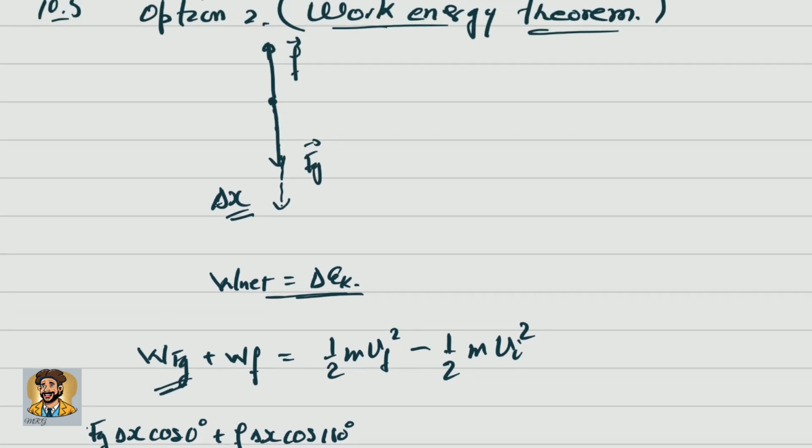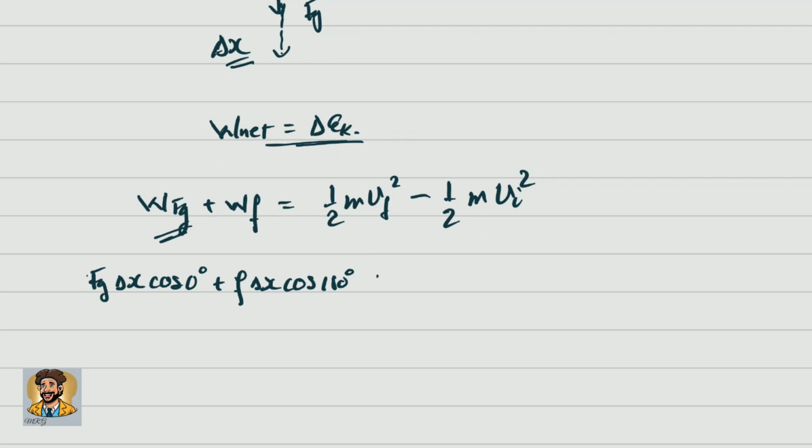You come here, the angle is going to be, as you can see here, 180 degrees. All right, so this is equal to half the product of mass, final speed squared, minus half mass, initial speed squared. All right, so we move on.